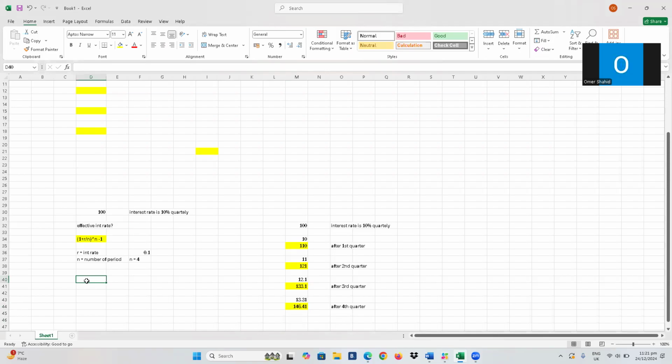Okay, so now what's our formula? 1 plus, what is our R? R is 0.10. Okay. 1 plus 0.10 divided by number of periods, and number of periods is 4, because we have 4 quarters in a year. So n will be 4.